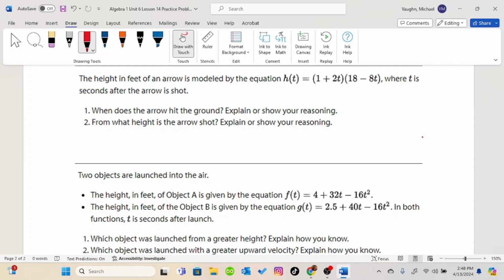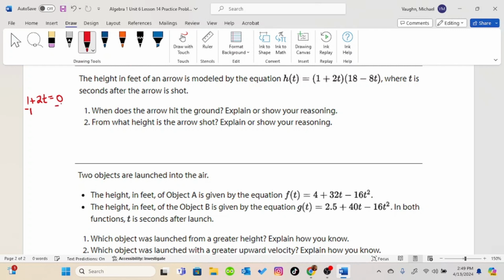So first, we have 1 plus 2t as a factor. So we set that equal to 0.